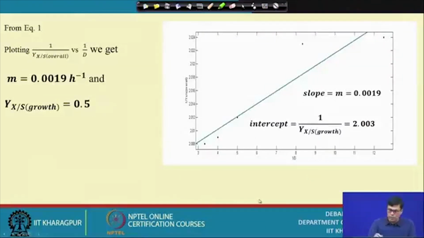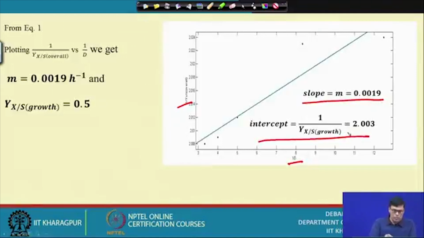And then we can plot. Here we have the plot of 1 by Y X by S versus 1 by D. If we plot it, then we will get the intercept. The slope will give you the value of the maintenance coefficient, and the intercept will give you the yield. The maintenance coefficient will be 0.0019 per hour, and the yield coefficient will be 0.5.